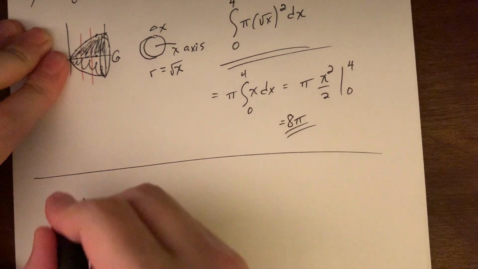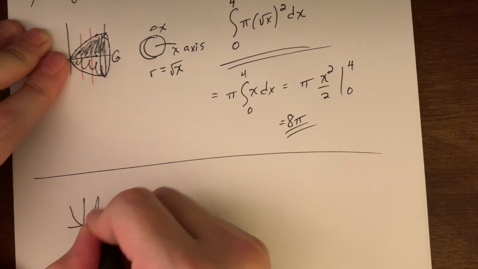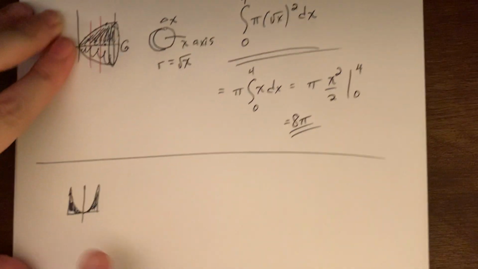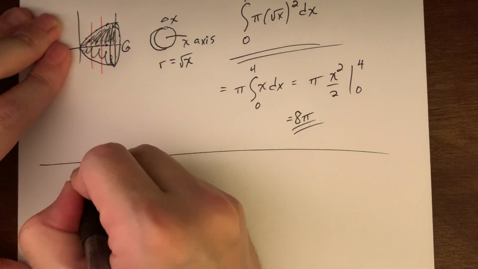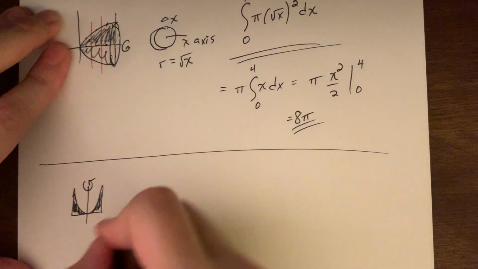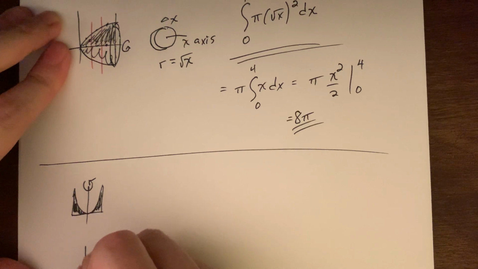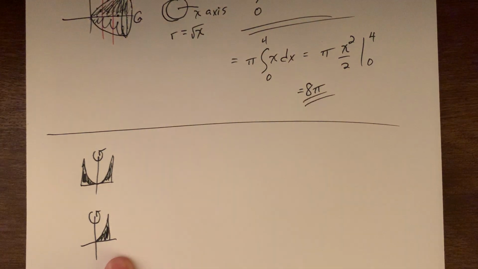If I had that as my starting picture, and you were told to revolve that around the y-axis, you would end up with the exact same thing as if this were your starting picture.